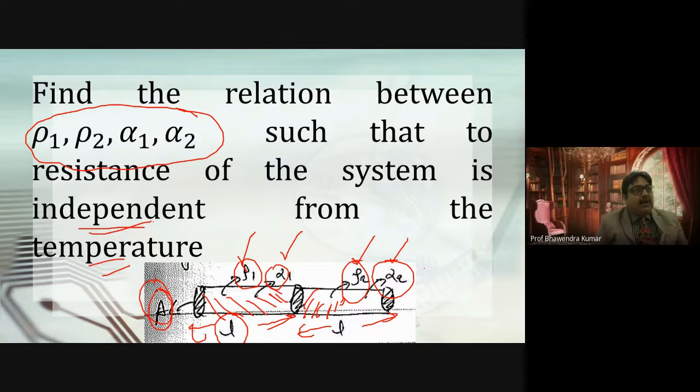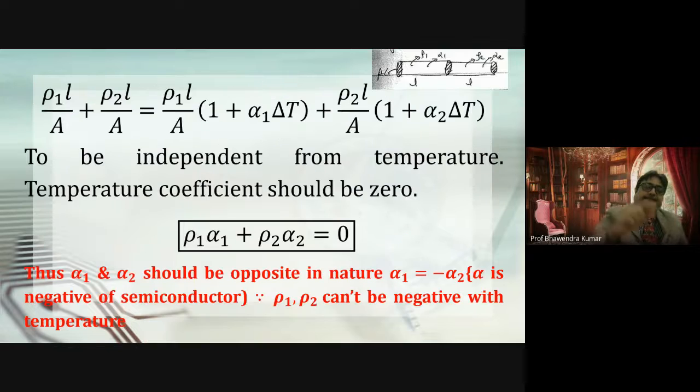Exactly. So one of the two, alpha 1 or alpha 2, has to be negative. Meaning that if one section is a conductor, the other section has to be a semiconductor. Rho 1 and rho 2 are both positive quantities, but alpha 1 and alpha 2 should be opposite in nature. Alpha is negative for the semiconductor.